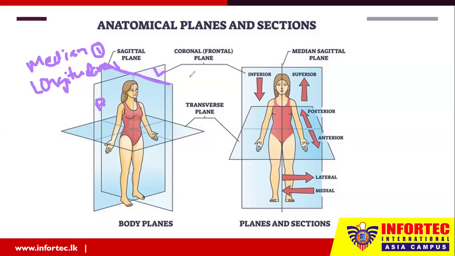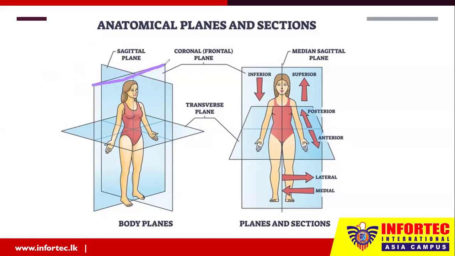Okay? Then moving to the coronal plane. This is the coronal plane, right? First I will clear all these things. So now the coronal plane. This is the coronal plane, or we can say frontal plane, frontal or coronal, right? This coronal plane divides our body into front and back.